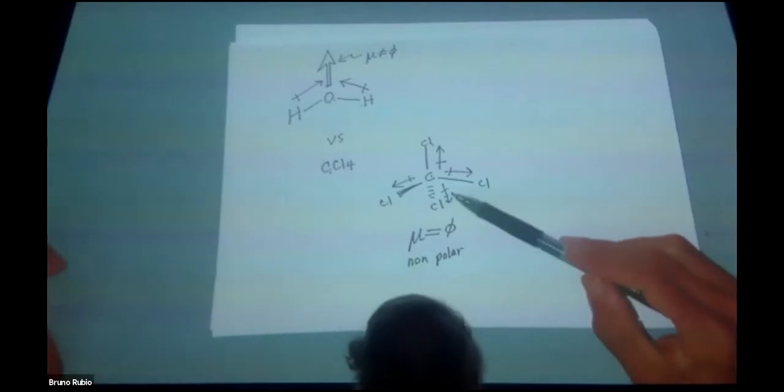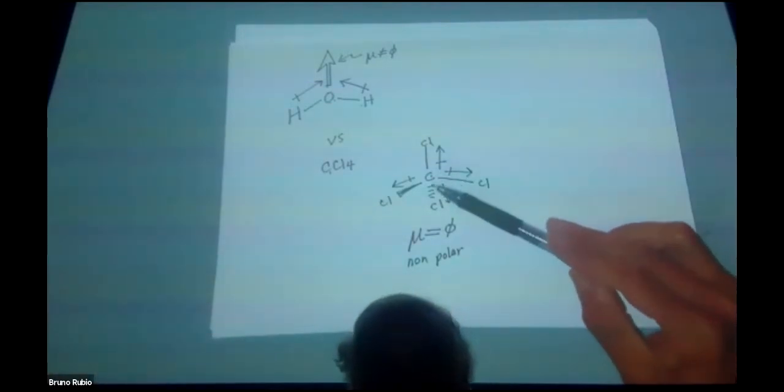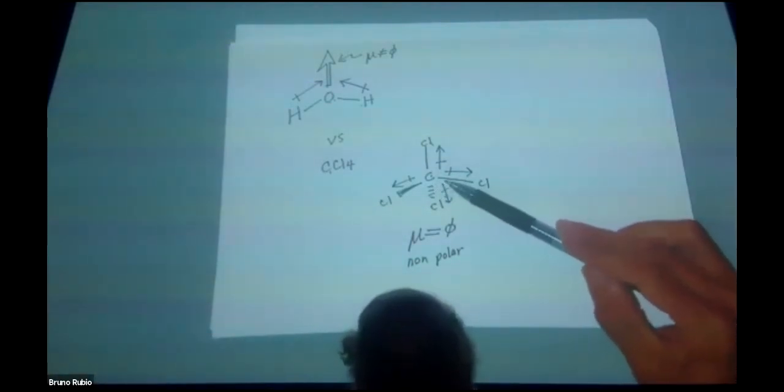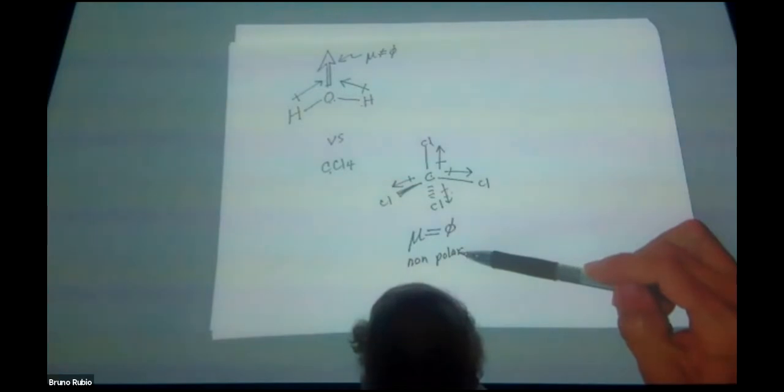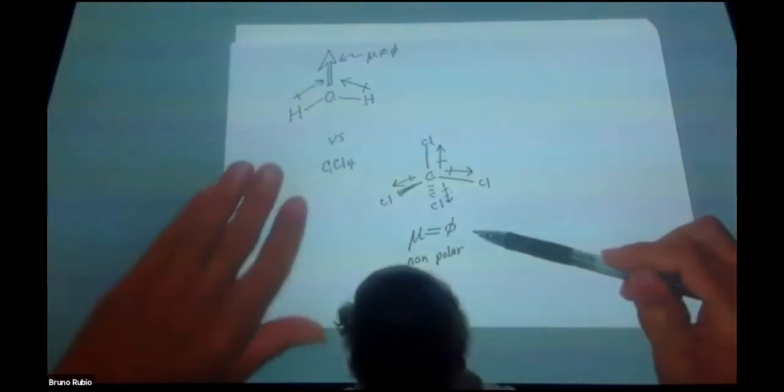So this would be a substance or a solvent that you could use to separate compounds from other stuff by chromatography. The major consideration here is that it has no dipole moment.